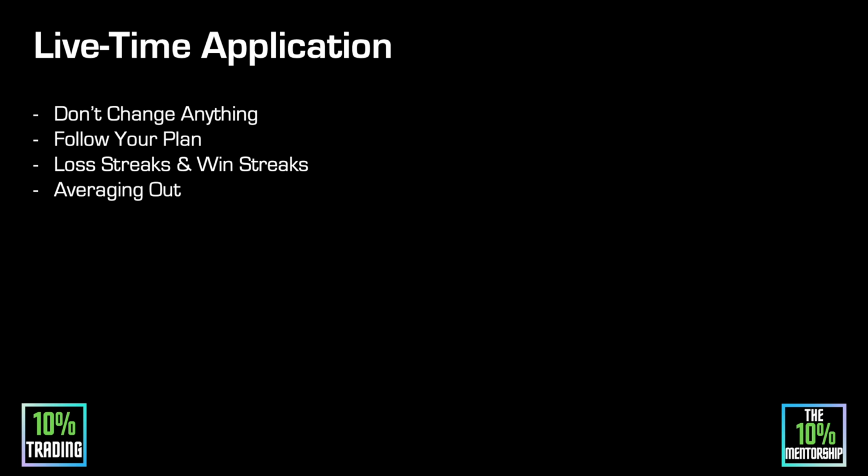So, follow your plan. Now, one of the things I want to talk about is loss streaks and win streaks in your system. They occur, right? They occur both ways. You get loss streaks, you also get win streaks. They always balance out. When you're in a losing streak, always remember that. When you're in a winning streak, always remember that. It's the same both ways, right?